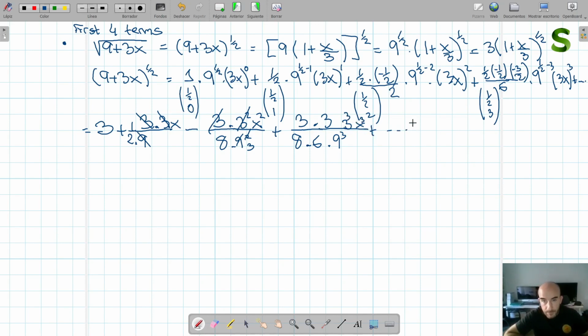Plus, okay, so that's 3 plus x divided by 2 minus x squared divided by 24 plus, let's see what we get here. So this one is a 9, with this one leaves a 2. This is 3.